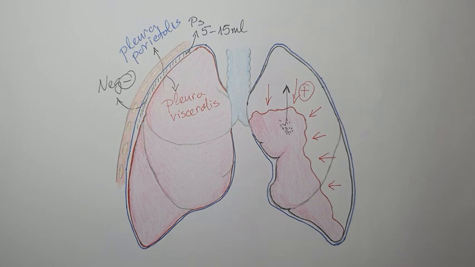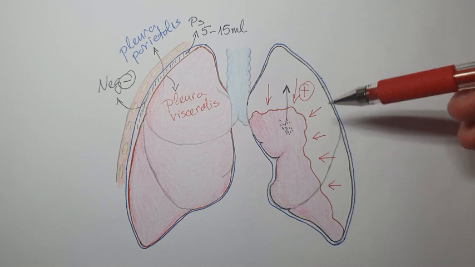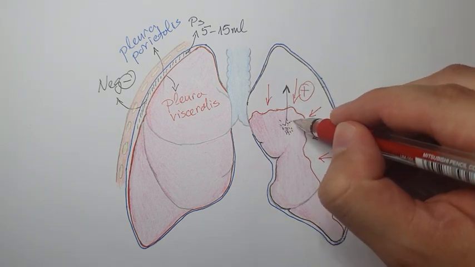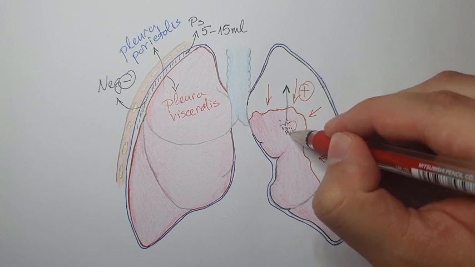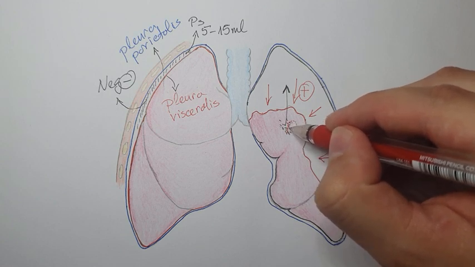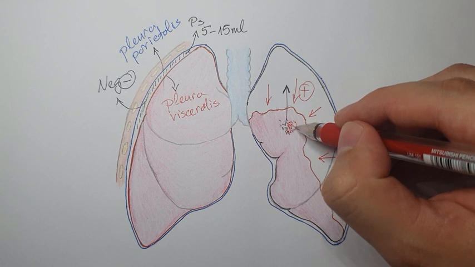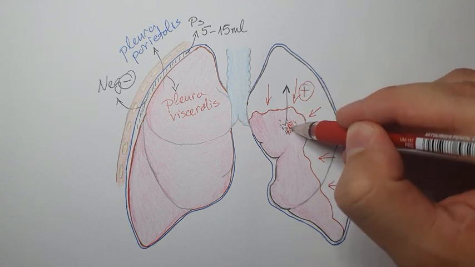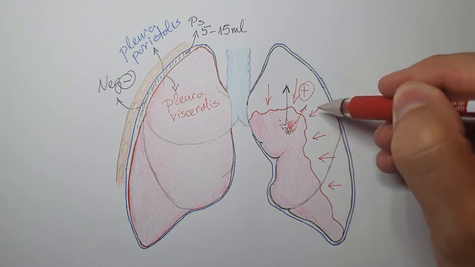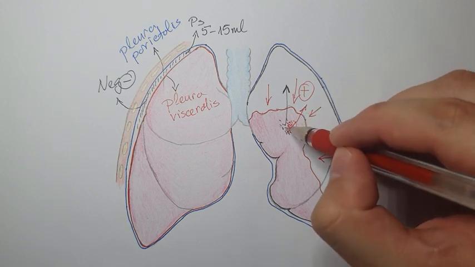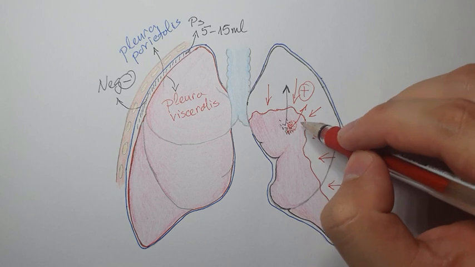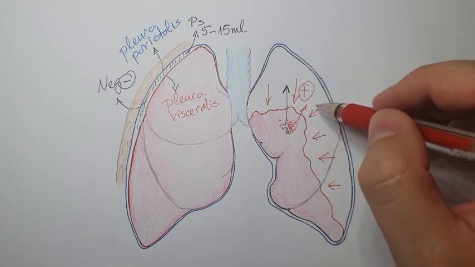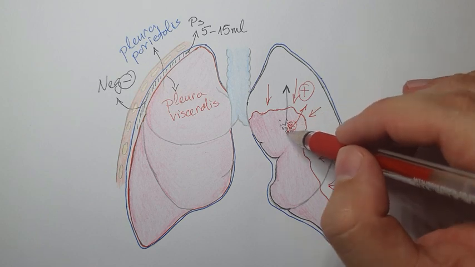For example, if the lung tissue break is formed so that it lets air into the pleural space when we breathe in, but when we breathe out it claps down, the air that entered the pleural space cannot go back.